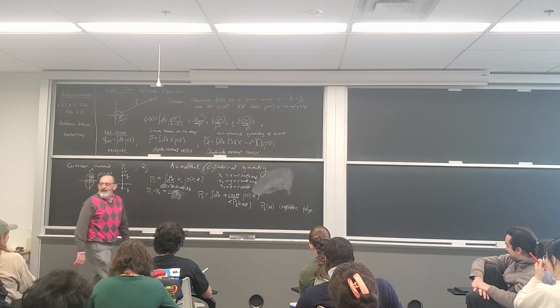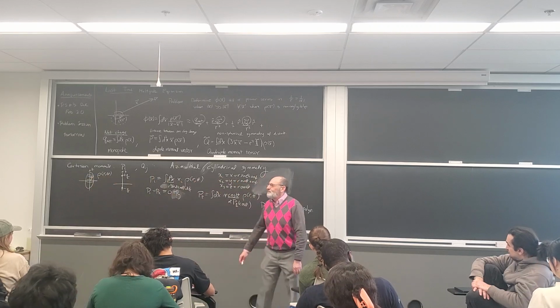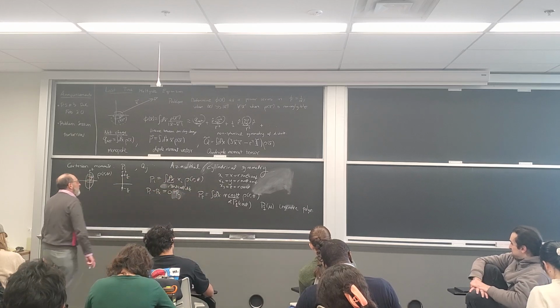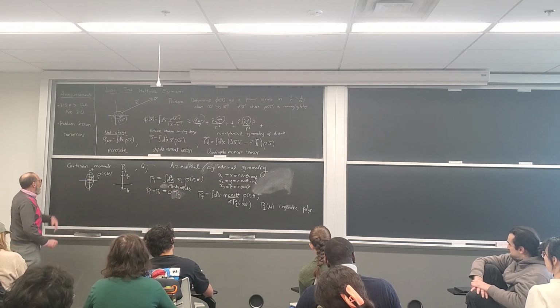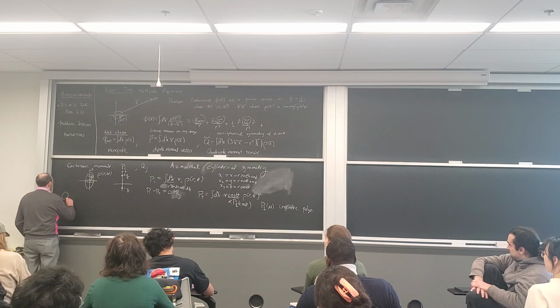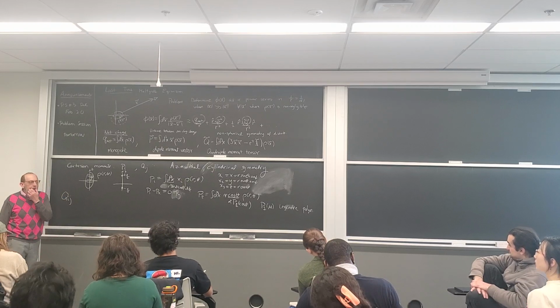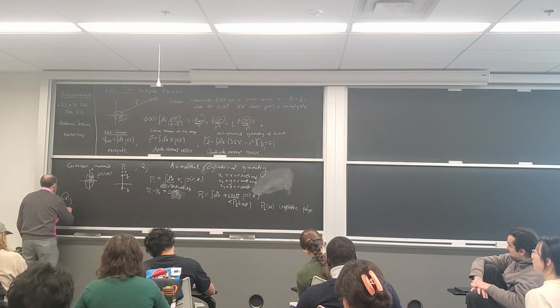All right, that's kind of interesting. Let's look now at the components of the quadrupole moment tensor, okay? And let's look first at the case where i doesn't equal j.